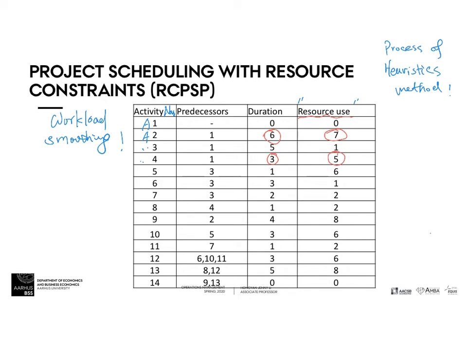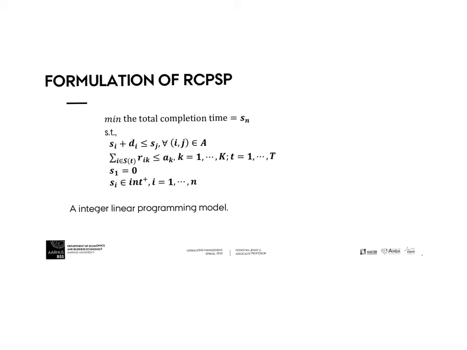Now in this question, I have extra information: the total resource availability. It's a single resource, 10 units. So you have a capacity constraint for this problem. Every day you can use a maximum of 10 units of resource. This problem can be solved as a linear programming model. We put the formulation here.